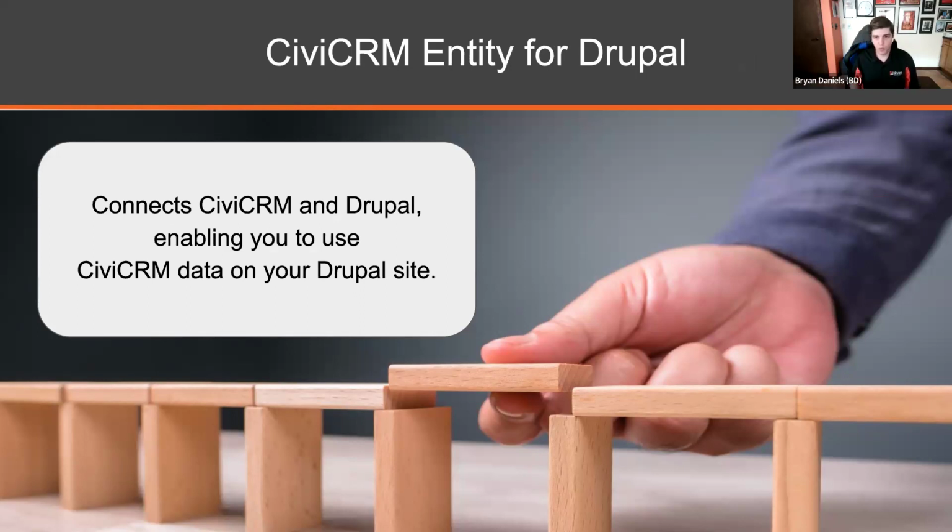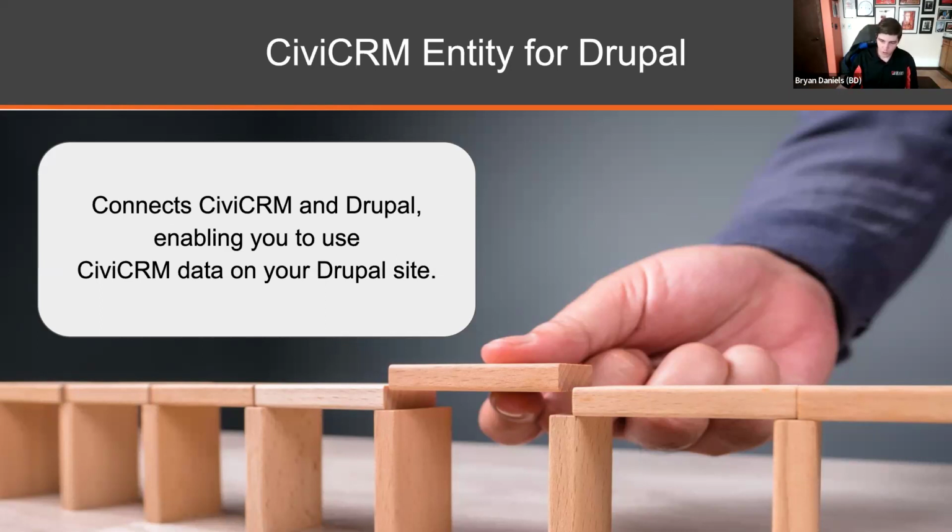So you can do things like pull data from your CiviCRM database, whether it's membership information or contact information or contribution records. You can pull all that into your Drupal website, put it in your website theme, so you now have a nice interface for people to look through instead of just the backend CiviCRM theme. That also gives you the ability to set permissions like you would any other Drupal page or content.